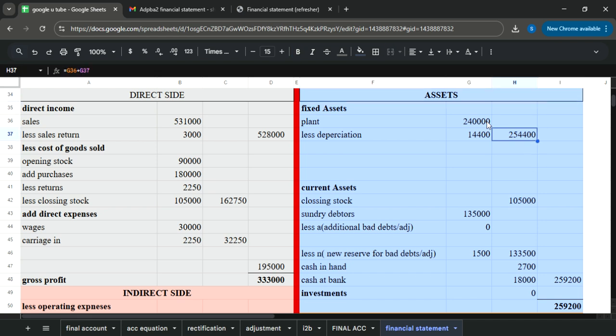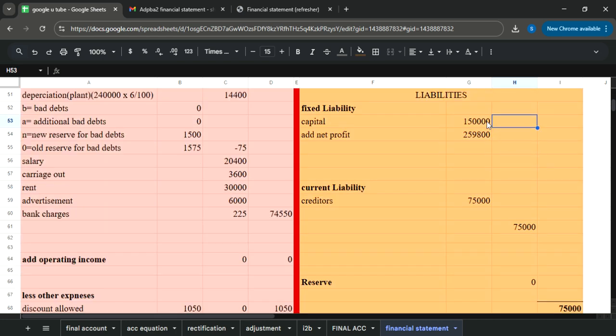Okay, what we have done, it was plant. So let's get back here, capital plus net profit, all fixed liabilities. There is only one amount present in current liability side, and there is no reserve.